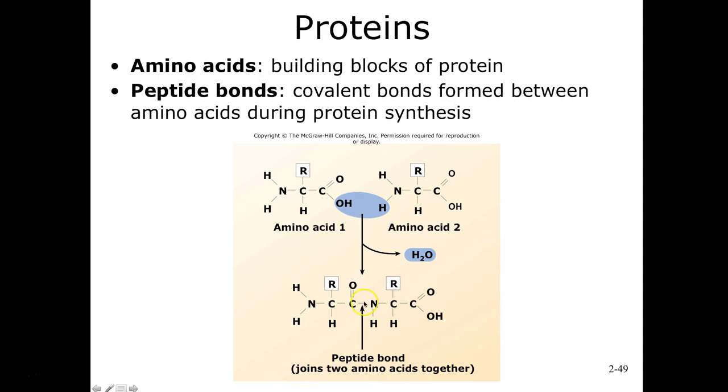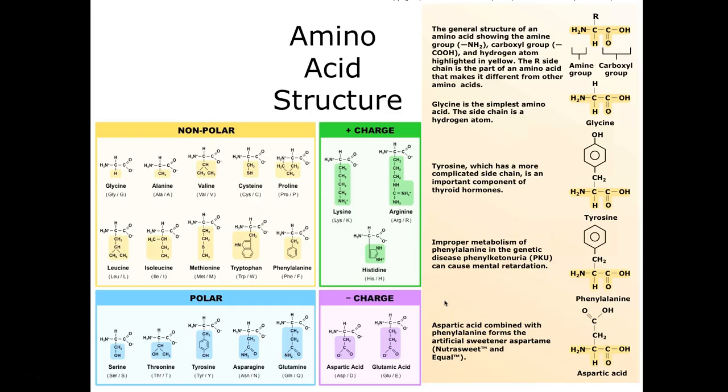So when we get many amino acids coming together, about 10 or so, we are then going to call that chain a peptide. When we get more than 10, we would call that a polypeptide chain. And then, of course, as we get these polypeptide chains all coming together and folding in different fashions, we will get a protein.